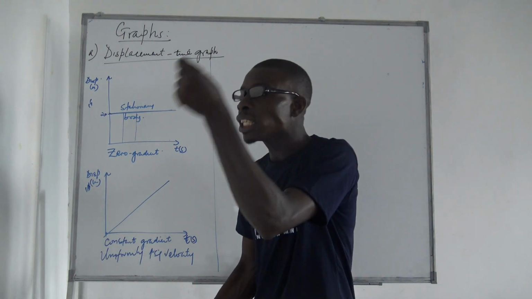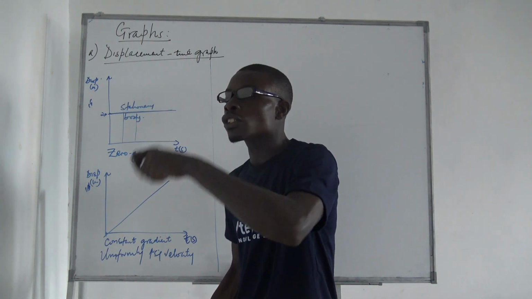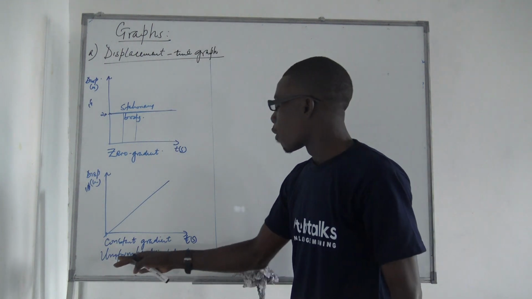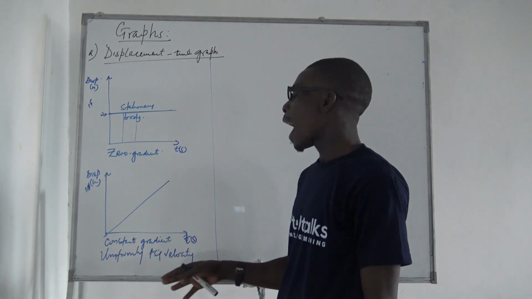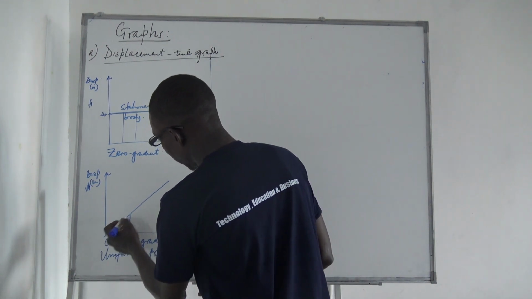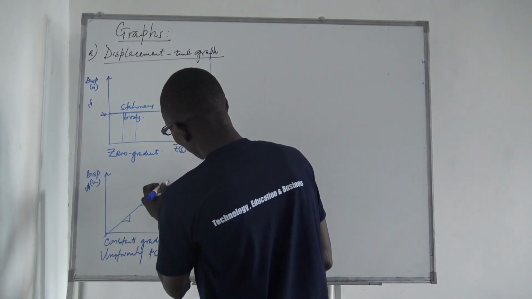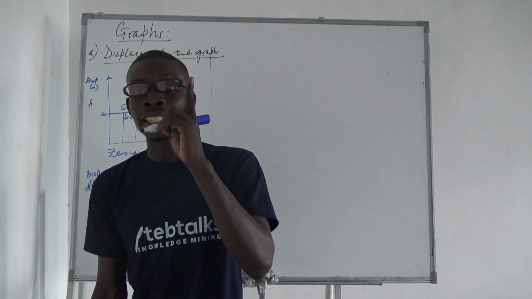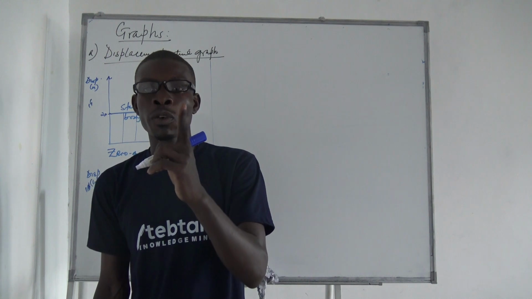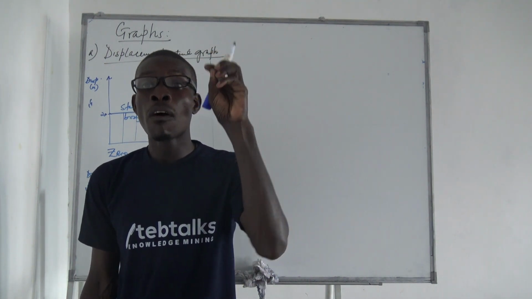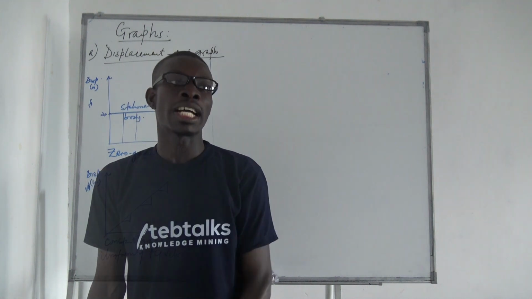After every given time, the same value of velocity is added. So we say it is a uniformly increasing velocity, and it is a constant gradient. Even if you calculate the gradient here and here, you will get the same value. Therefore, we say the gradient is the same or constant.